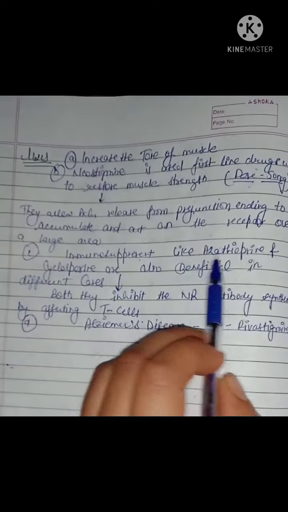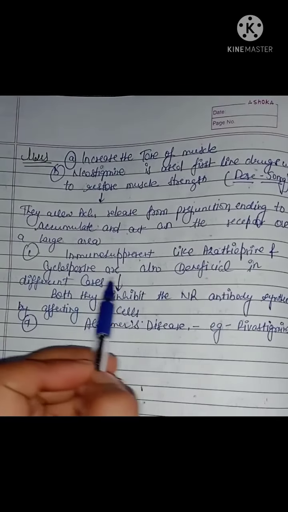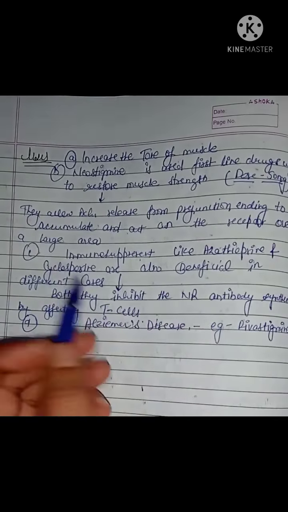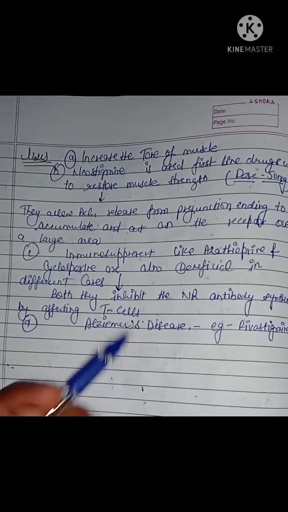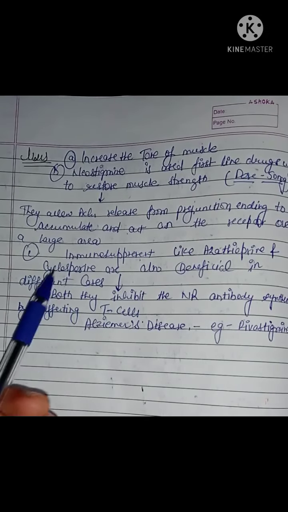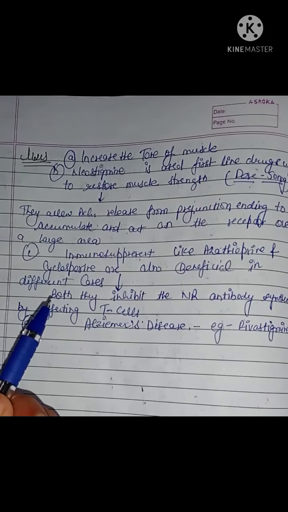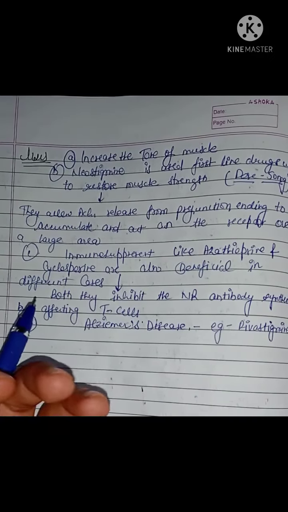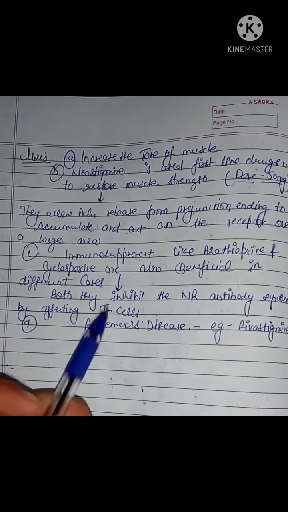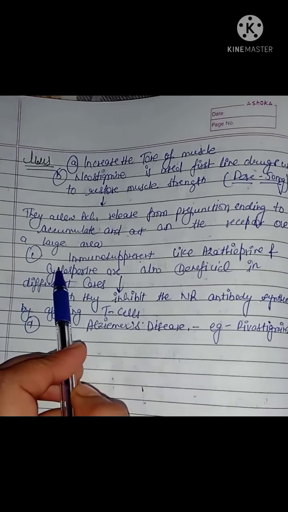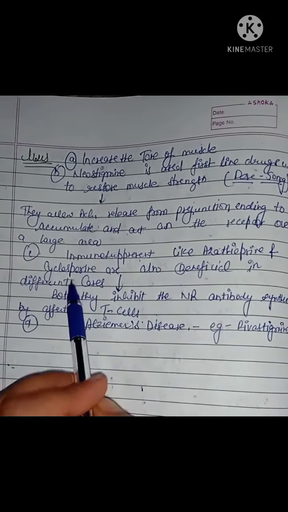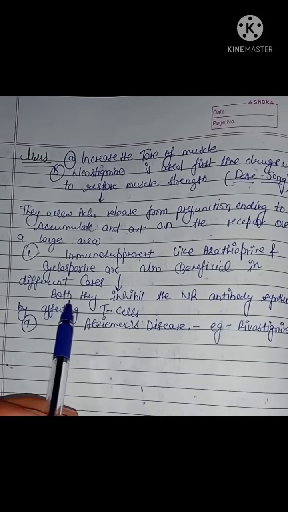Immunosuppressants, for example azathioprine and cyclosporine, are also used for their beneficial effect. Sometimes in case of organ transplant, we need immunosuppressant drugs so that the body is able to accept another body's organ. So we use immunosuppressant substances like azathioprine and cyclosporine.